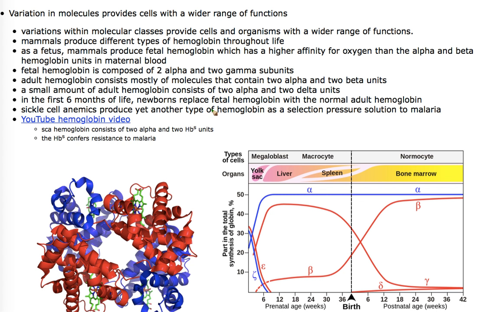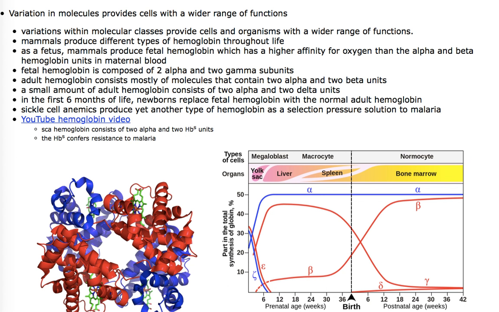It has to pick up its oxygen from maternal blood. Sickle cell anemics make different kinds of hemoglobin to survive infection by malaria. So in different parts of the world and in different phases of human life, we make different kinds of hemoglobin as adaptations for different strategies of survival.